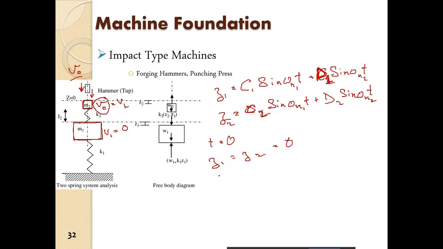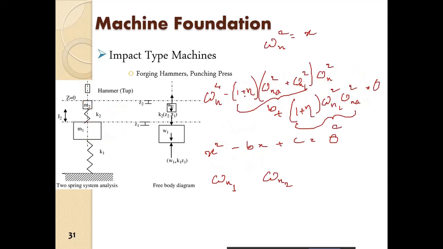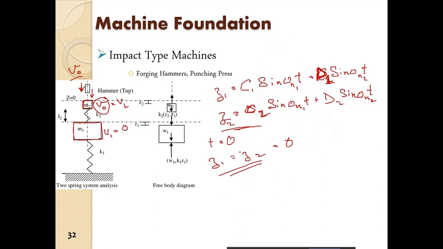So ultimately, if you put this condition in this equation and in the above equation, using omega n1 and omega n2, we will have the maximum amplitude of m1, suppose capital Z1.